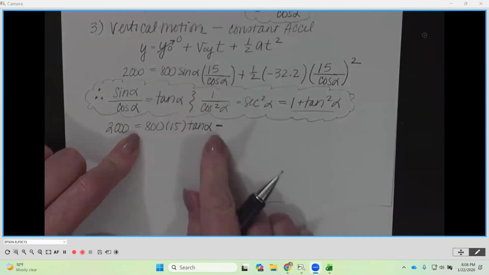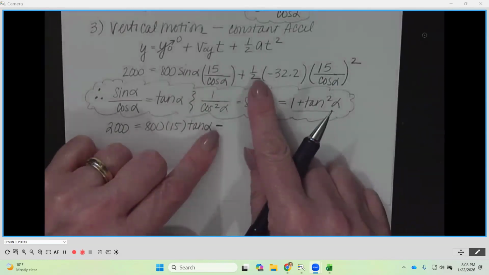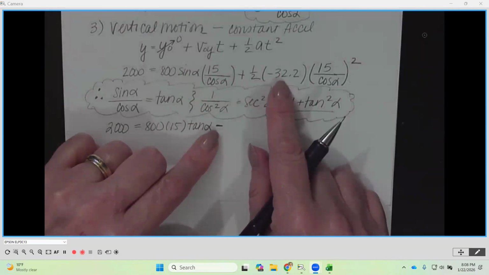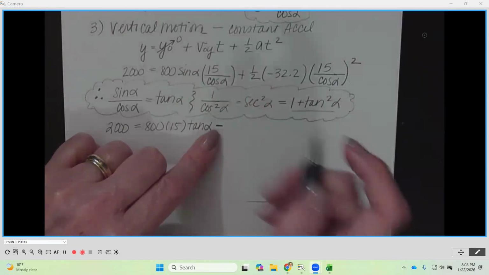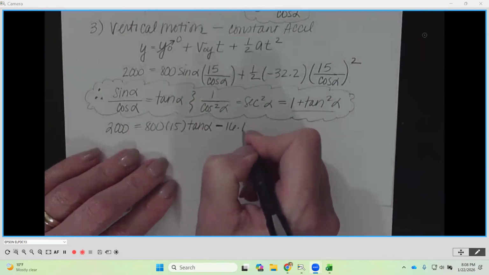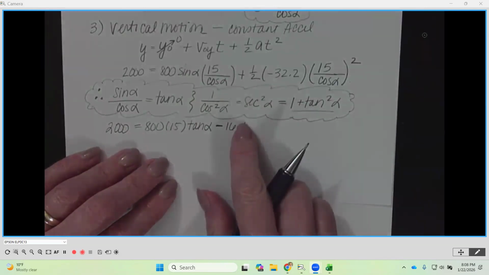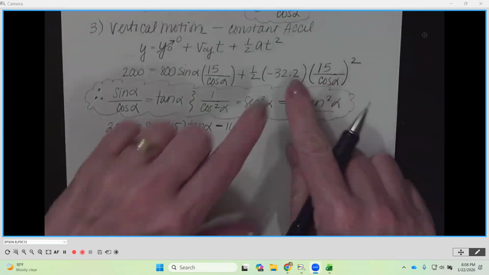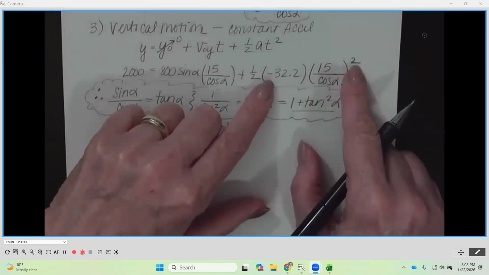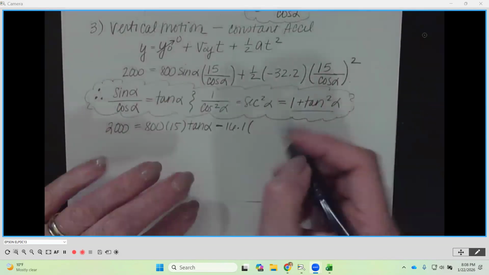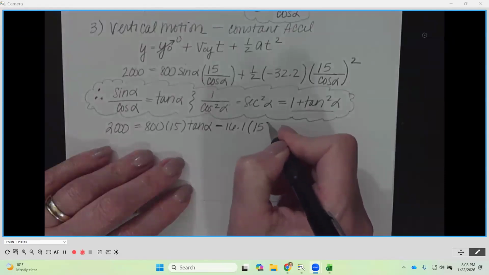Minus, now this is going to be 1/2 times negative 32.2, that's going to be 16.1. That's that. Times, so we're going to multiply that by the top line here, 15 squared.